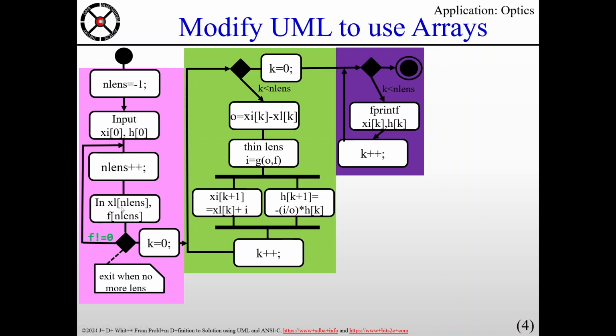We just input all the lenses at the beginning, and then exit when there's no more lenses. Then we start calculating, doing all the calculation that we have just done in another loop, and then finally we print everything out in another loop so that we can print out where all the intermediate image positions were. This can be a do while, this can be a for, this can be a for.